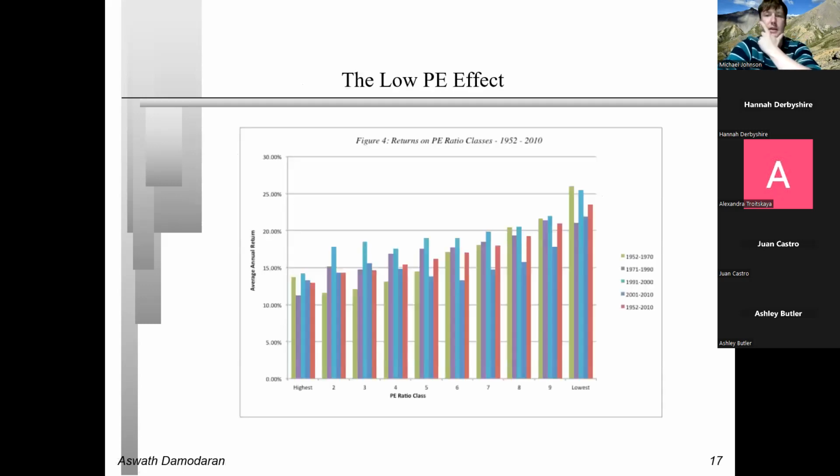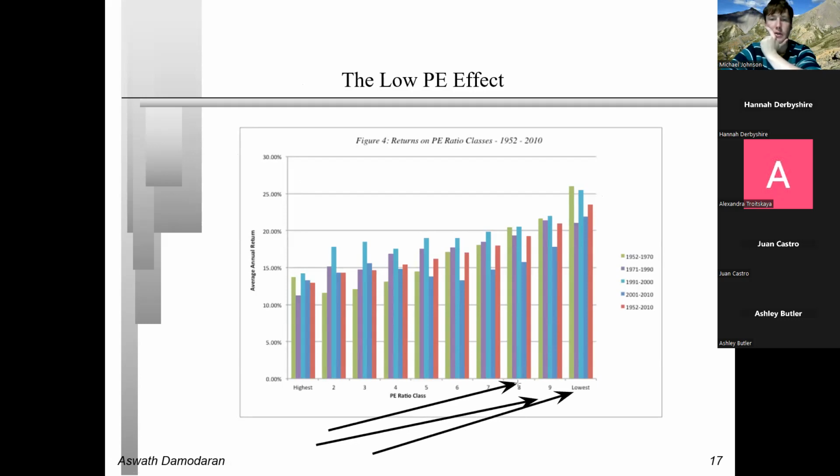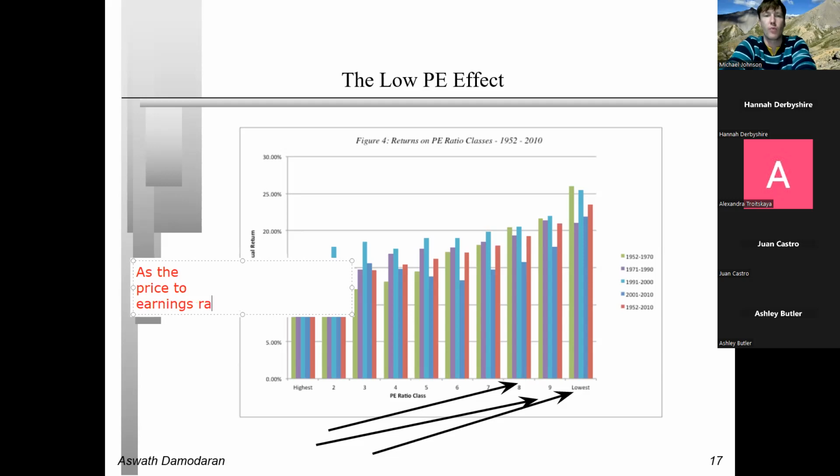So as we can see here, as the price to earnings ratios go lower and lower, the returns go up in this case. As the price to earnings ratios go lower and lower, the investment returns go up.